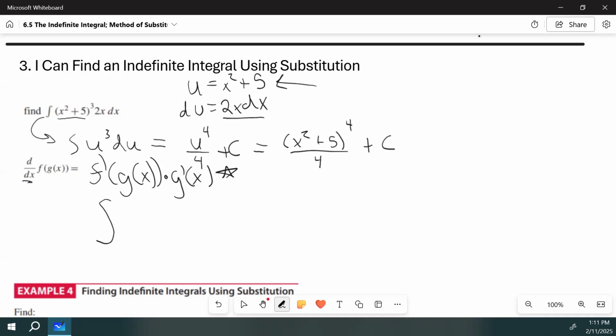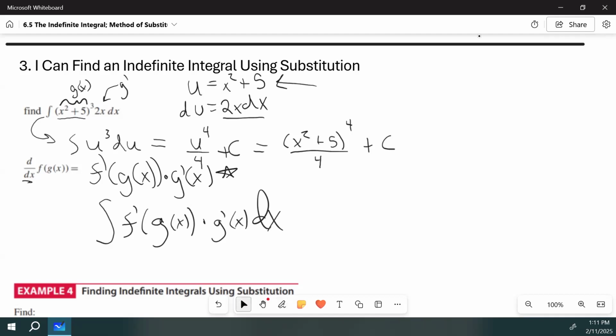So essentially, if you have an integral of the form f prime evaluated at another function times the derivative of that inside function, then you can use substitution. So here, this is like the g of x, and this would be like the g prime.